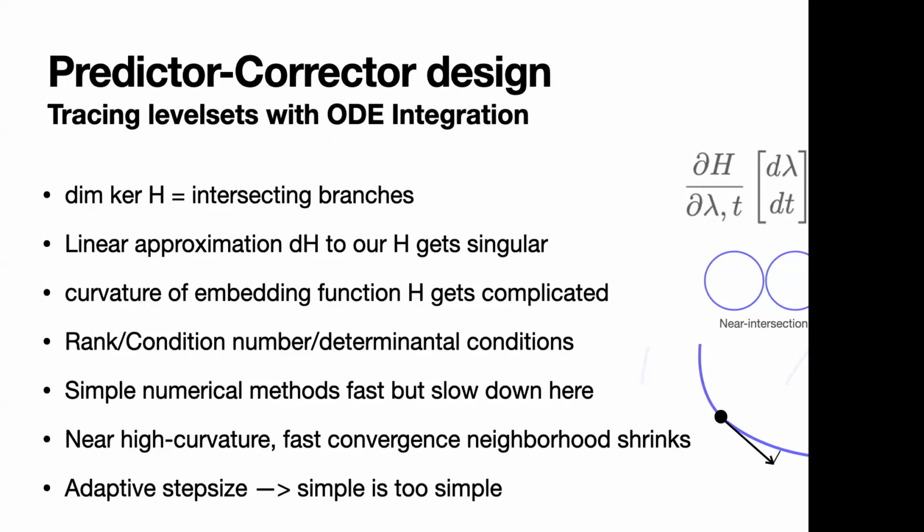The simple numerical methods that we are using at the moment are fast, but they slow down near these singularities. And it actually happens more often than one would think, even in really high dimensional complex, multivariate complex space.